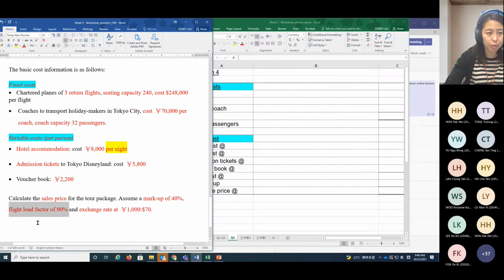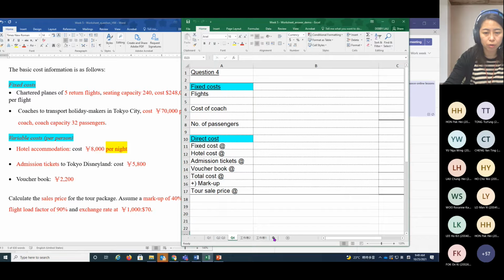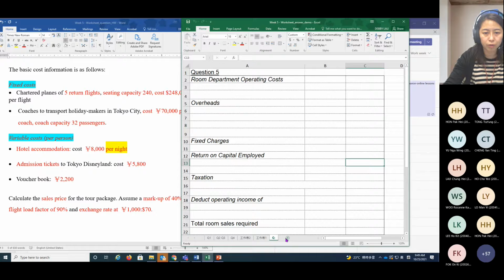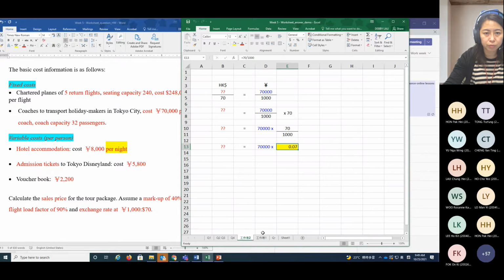Okay, so 10% absent rate and 90% show up rate. So the exchange rate is 1,000 yen to 70 Hong Kong dollars. Okay, first of all, before moving on to the answer, we will do the calculation of the conversion rate.